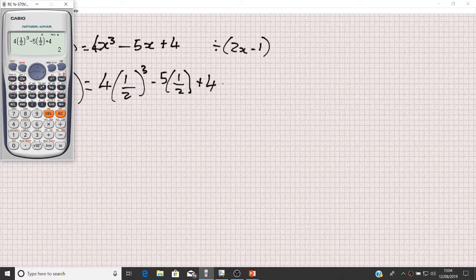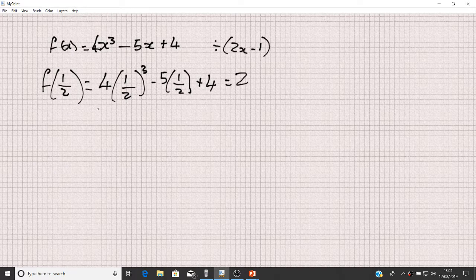Okay, so that equals 2. So the remainder in this case is 2 when the cubic function is divided by its linear factor. So 2 is the remainder.